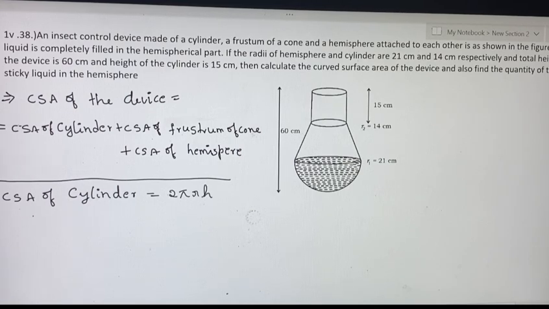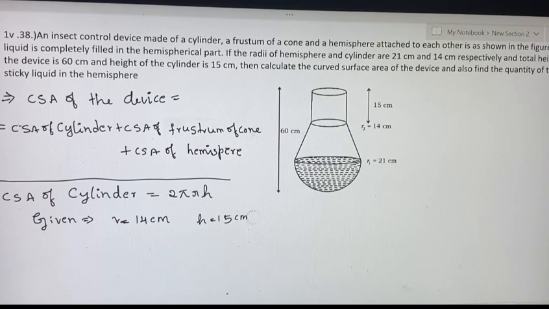So now what is given here? I'll write the given data first. Do we know the radius of the cylinder? Yes, the radius r is equal to 14 centimeter. Do we know the height of the cylinder? That is h. Yes, h is nothing but 15 centimeter.